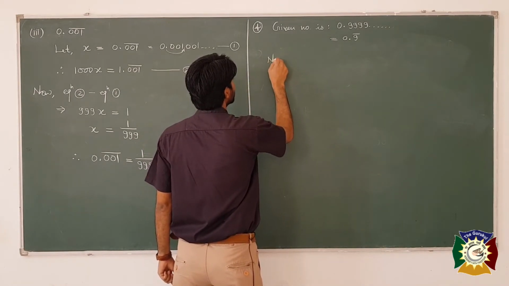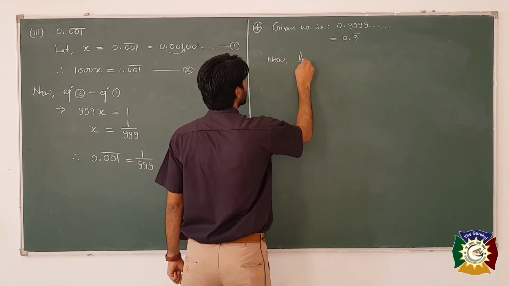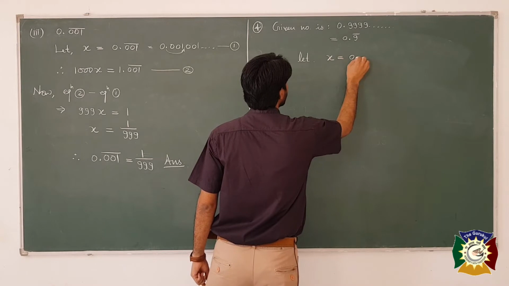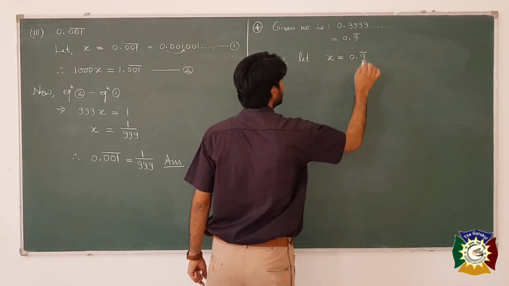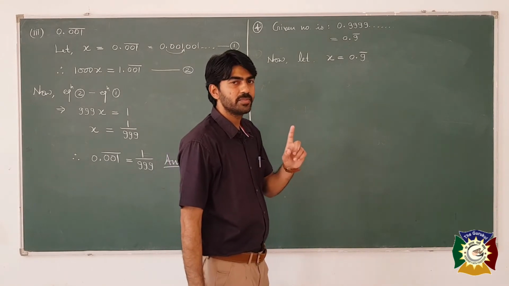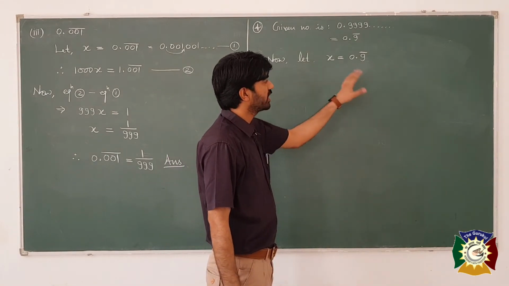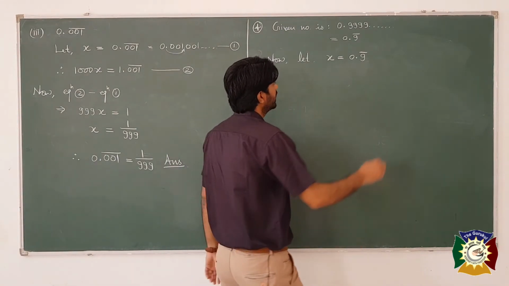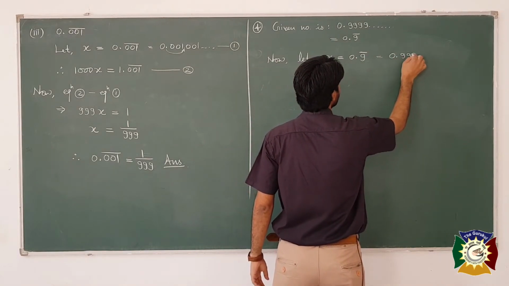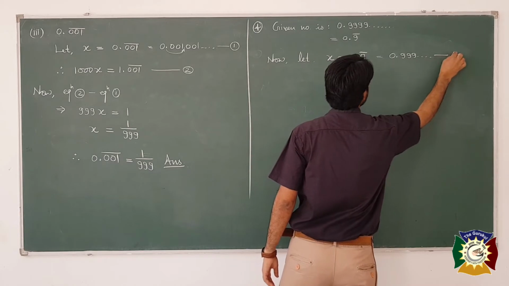Now let x is equal to 0.9 with a bar on 9. So only one digit is being repeated. This is equal to 0.999 and so on. So this is equation 1.